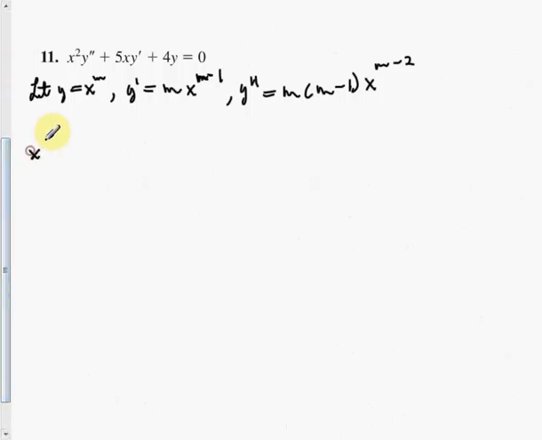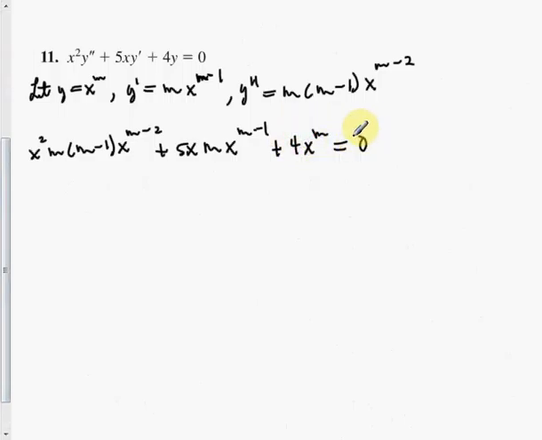So for the problem, we have x squared times y double prime, so that's m times m minus 1 times x to the m minus 2, plus 5 times x times m times x to the m minus 1, plus 4 times x to the m is equal to 0.